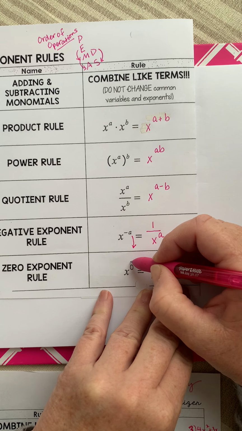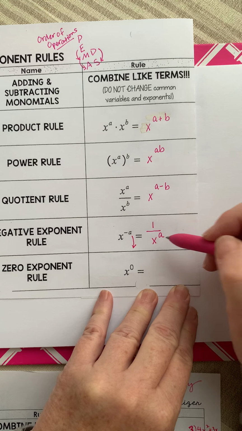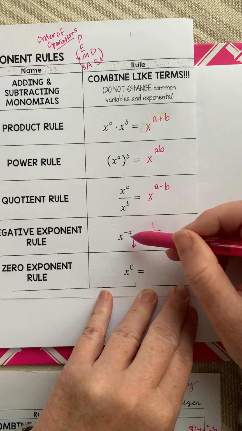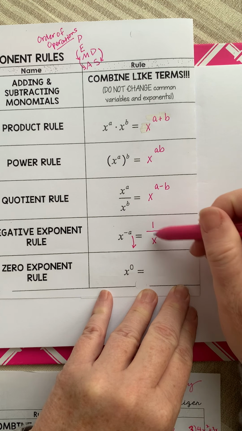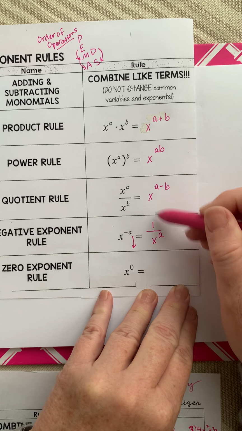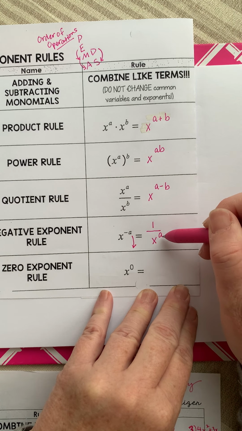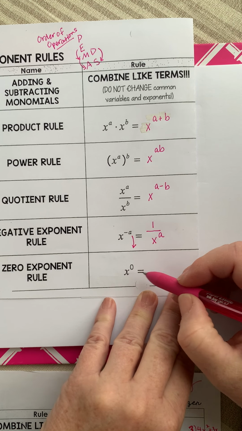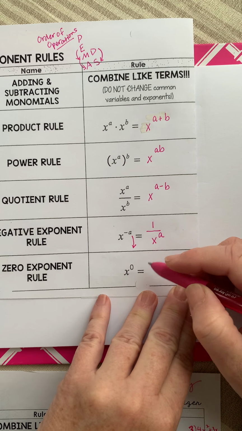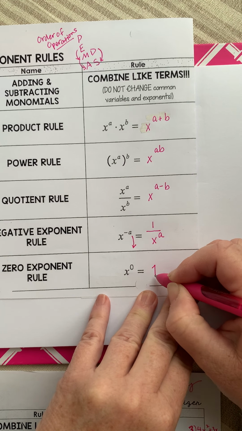If you have a negative exponent in the bottom, it goes up. I don't know if you remember my analogy from class, but a negative exponent is like a ticket to ride the elevator. And once you ride the elevator, either up or down, depending on where you start, then your negative ticket disappears, okay? And then x to the 0 or anything to the 0 is equal to 1.